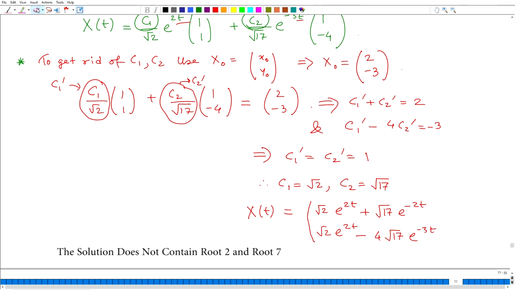Sorry, there should be a minus 3t, not minus 2t. So, this is exactly equal to x and y.